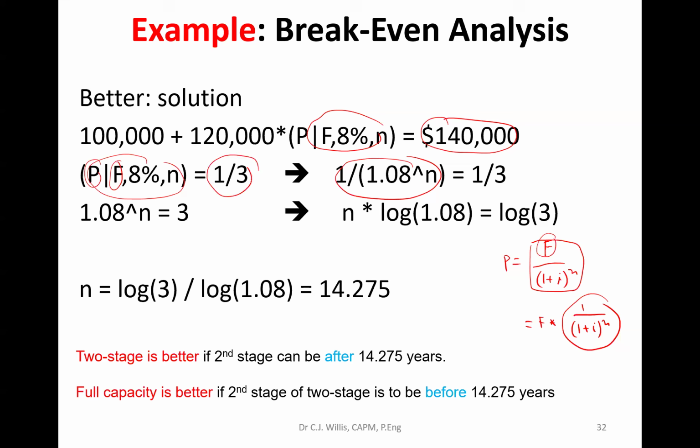You know how I got the 1 by 3? Take this one to the other side. The difference is 40,000. So 40,000 divided by 120,000 equals 1 by 3. And then n is 14.275. So the real break-even point here is 14.275 exactly.